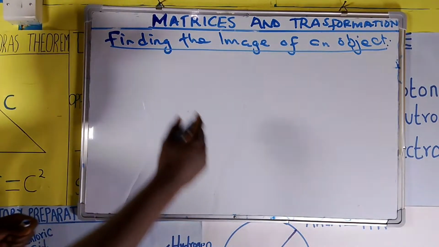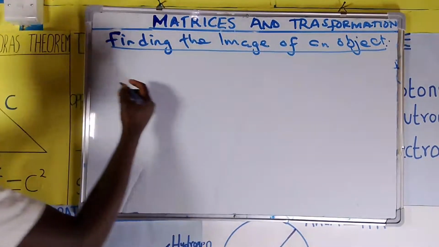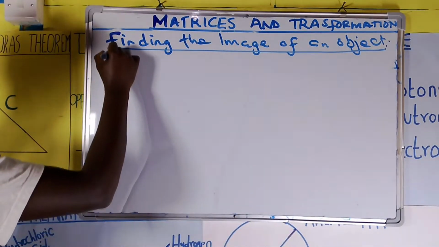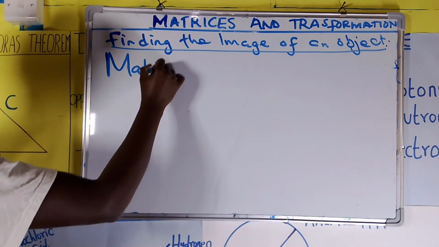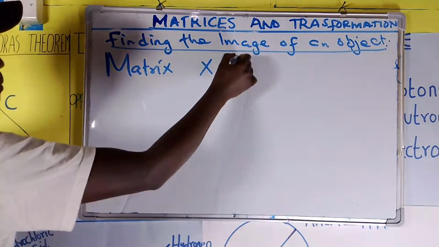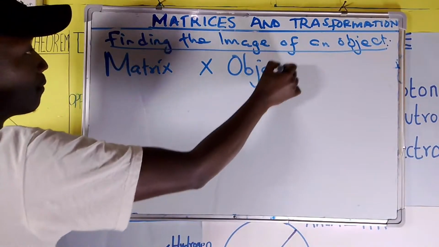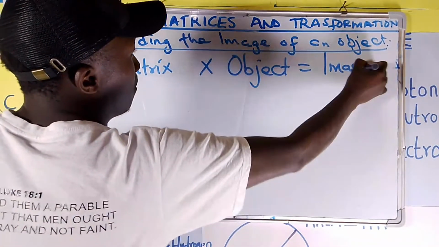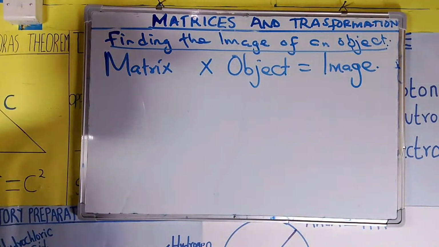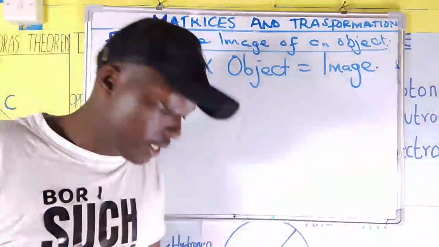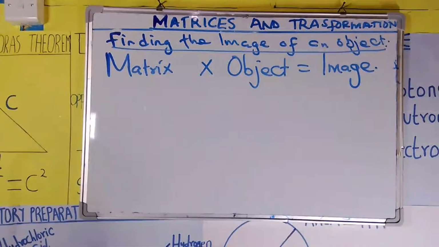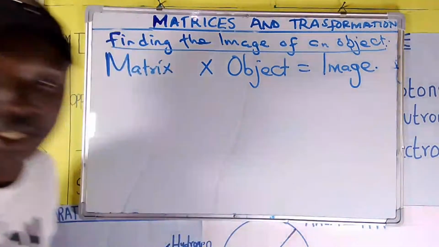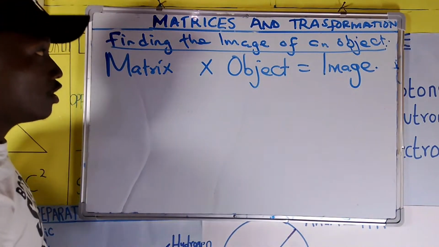So by saying finding the image of an object, I mean the formula that we use is matrix multiplied by object is equivalent to image.